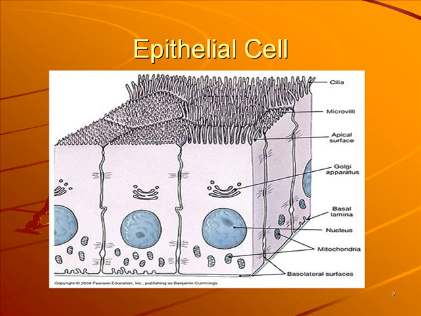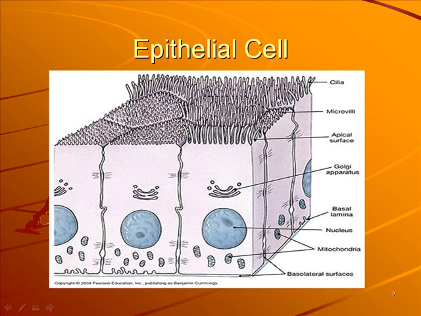This is an illustration out of your textbook that shows just the general structure of an epithelial cell. Now, not all epithelial cells have all these cellular appendages that we see here. This illustration just shows you different types of surface appendages that can be on various types of epithelial cells. So I don't want you to think that every epithelial cell has all of these surface appendages.